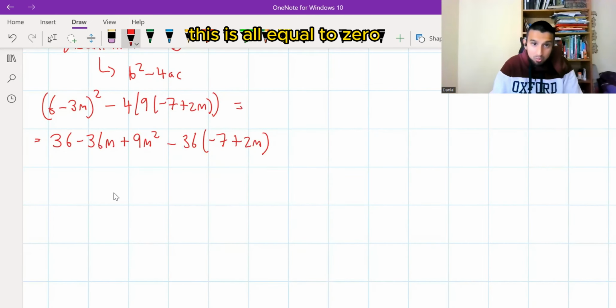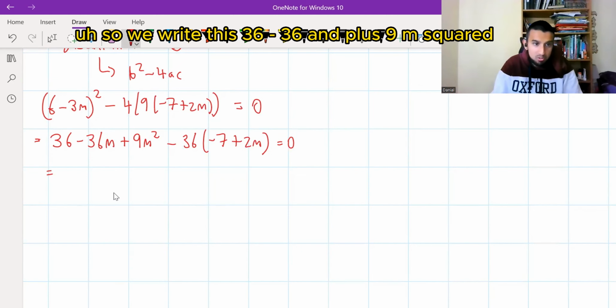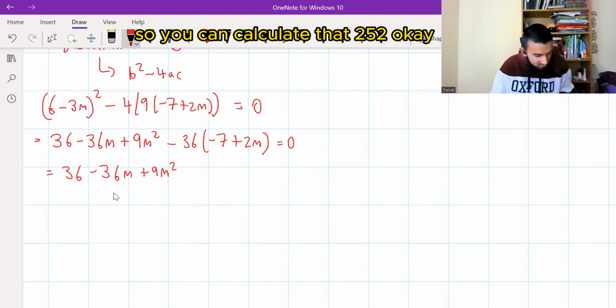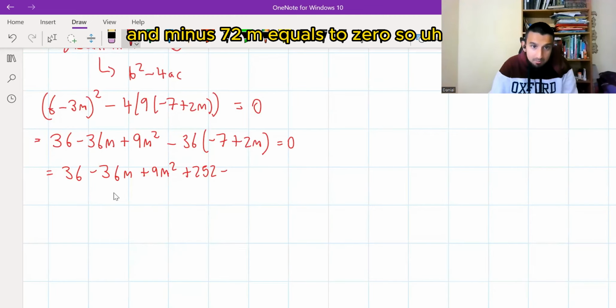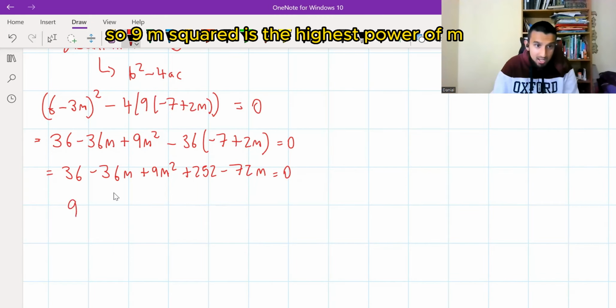We want this all equal to 0, from before, because we want the discriminant equal to 0. Now we can expand these two brackets. So we rewrite this as 36 minus 36m plus 9m squared, then minus 36 times minus 7 will be, check a calculator for that, 252, and minus 72m equals 0. We collect the m's from the numbers. 9m squared is the highest power of m.